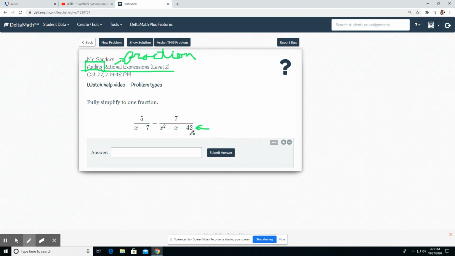All right, so what two numbers multiply to be negative 42, add to be negative 1? I'm going to go ahead and rewrite everything. So we have 5 over x minus 7, minus 7 over, what are the two numbers that multiply to be it? Well, I know it has to be parentheses, and they have to have the x in front.